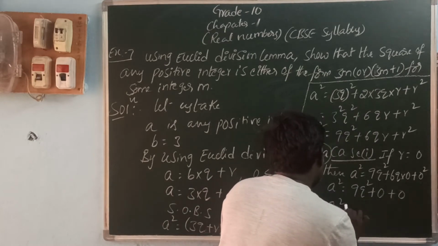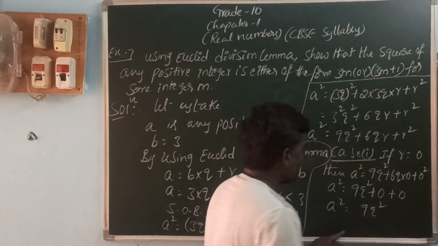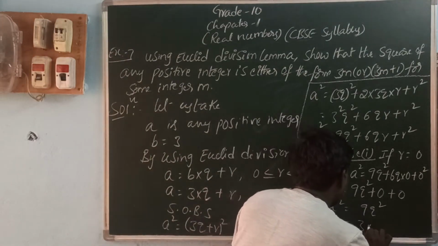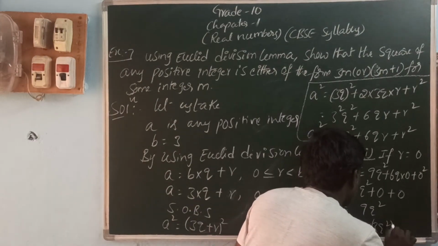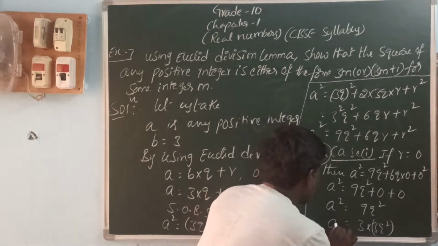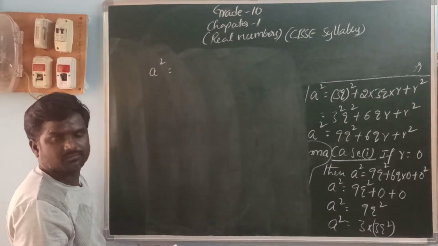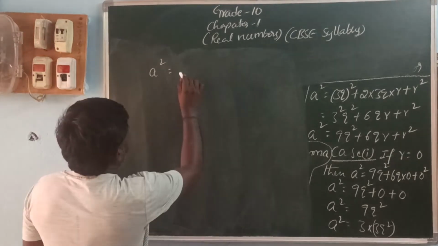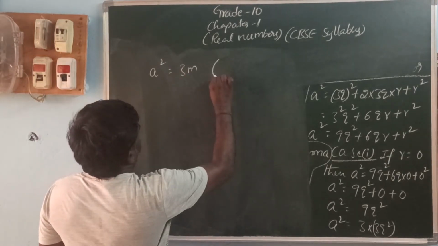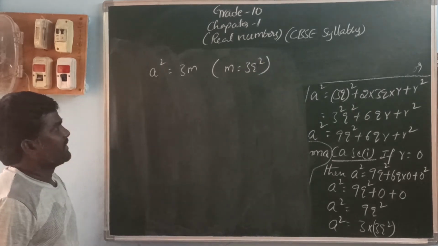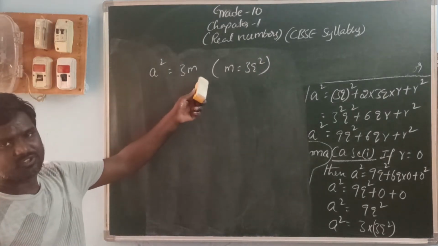So a square is equal to 9q square. Here q is any positive integer. We can write 9 as 3 into 3q square. In the place of 3q square we take m. So a square is equal to 3 into m, where m is 3q square. So the square of an integer is in the form of 3m.